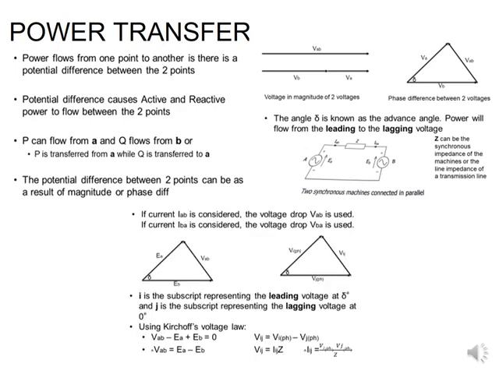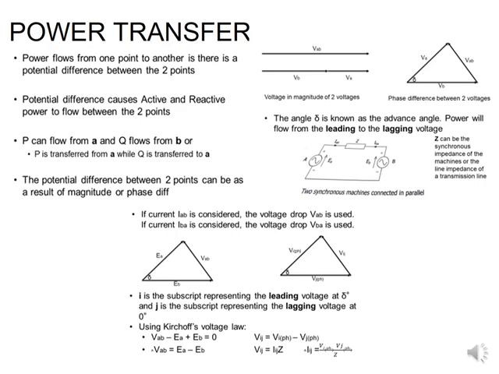Then at the bottom, with what has just popped up on your screen now, you can see that I've put in 2 triangles there, where the first one is familiar because you've already seen it on the right hand side on top, where I've got my EA, EB, and VAB. Before I had them named as VA, VB, and VAB, so it's the same thing. And using Kirchhoff's voltage law, you can see that my VAB would be equal to my EA minus my EB.